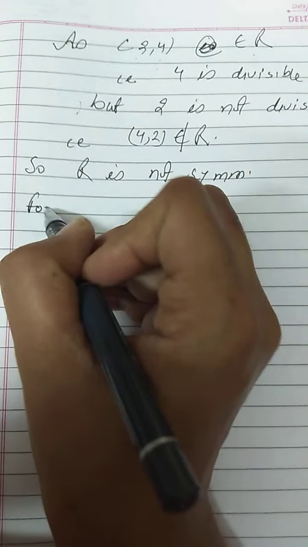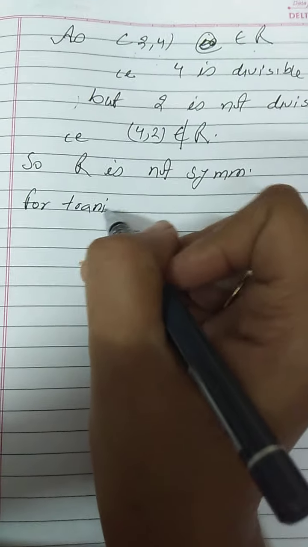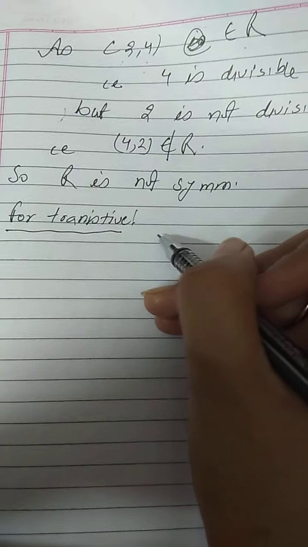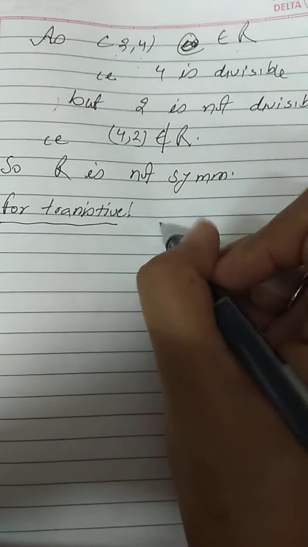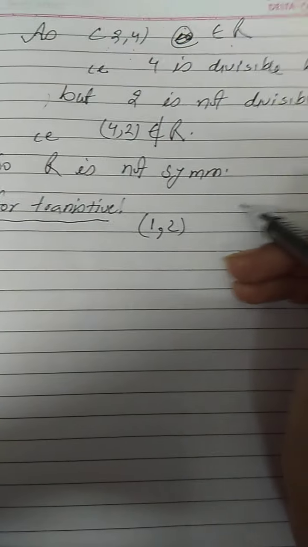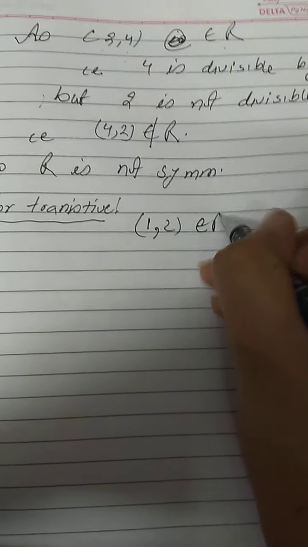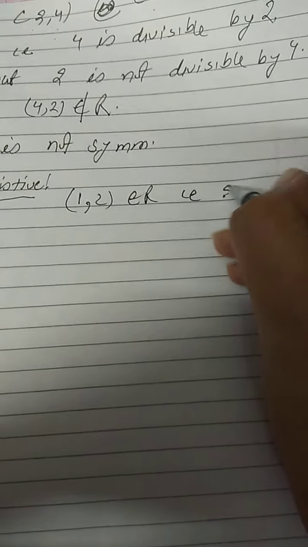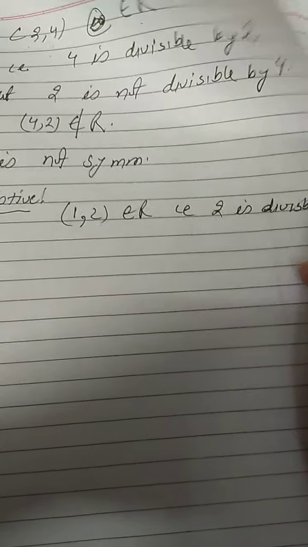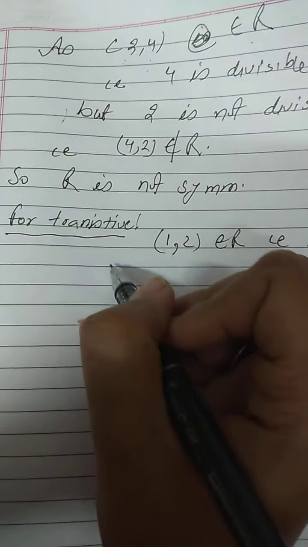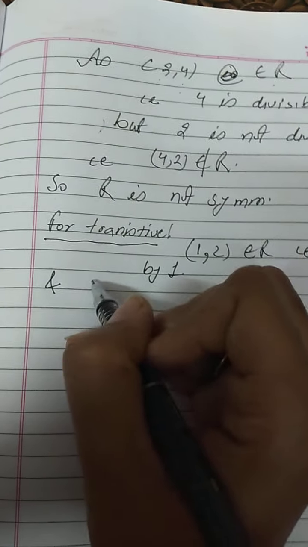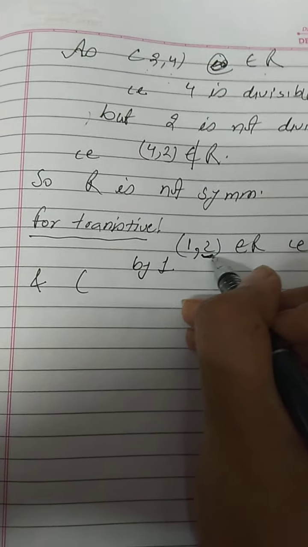Now we have to prove for transitivity. For transitive, we have to take the ordered pairs. Let us take (1, 2). We know every element is divisible by 1. (1, 2) belongs to R. It means 2 is divisible by 1. And let us take another where the first element should be this 2.